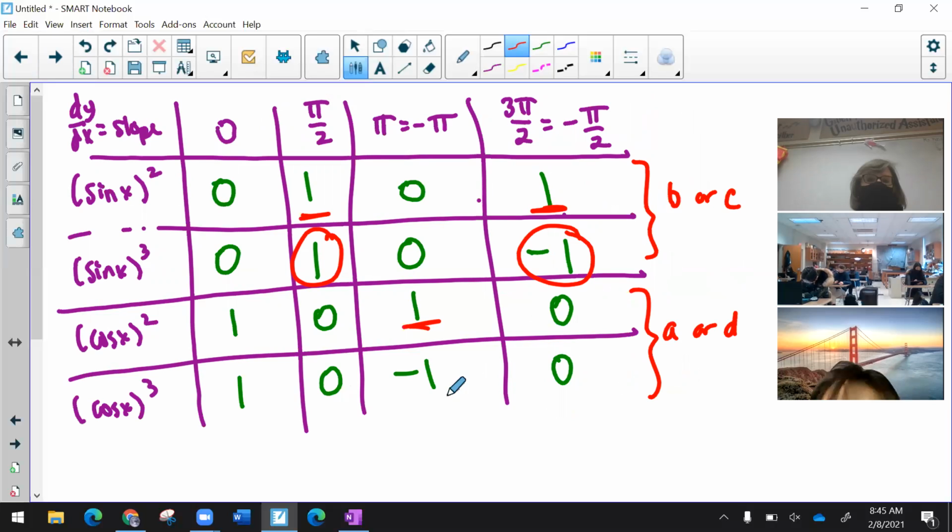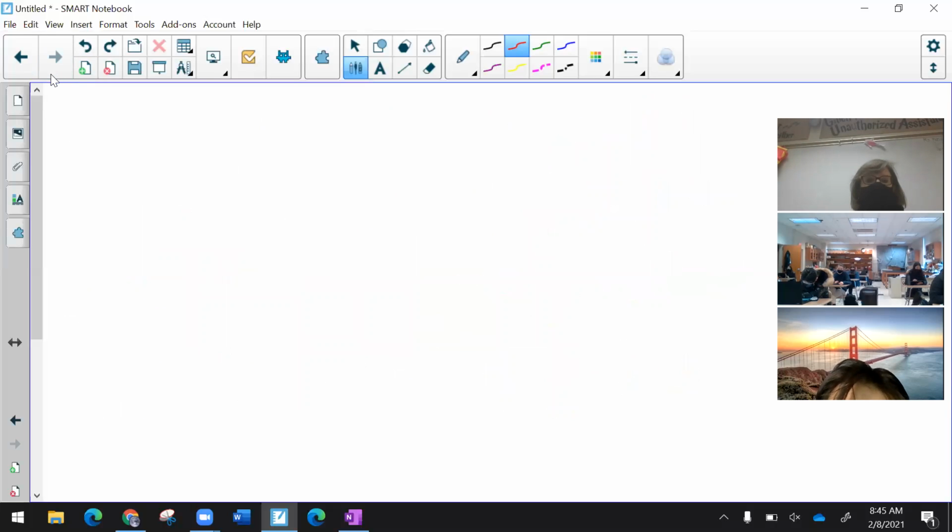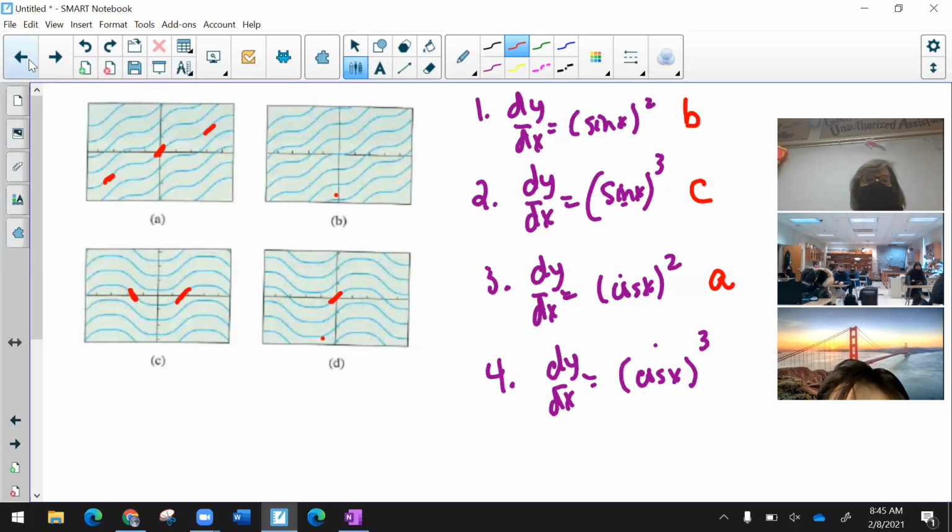And then, if we look at number 4, we look at cosine x cubed, we see that we have these negative slopes.